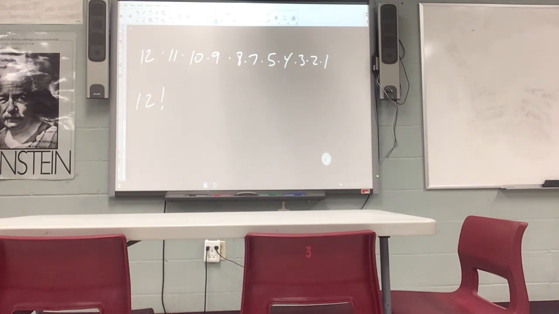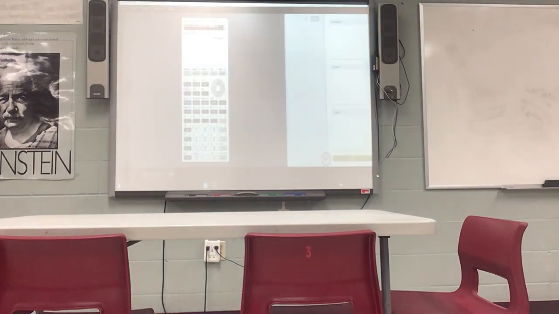Now, if you had to multiply that all out by hand, you could do it, but that wouldn't be super duper easy. You could also just type in your calculator 12 times 11 times 10 and so on, but there's a factorial button. So let me show you where the factorial button is. This comes in handy on the ACT also. On my home screen where I do my add, subtract, multiply, divide, I'm going to get 12.